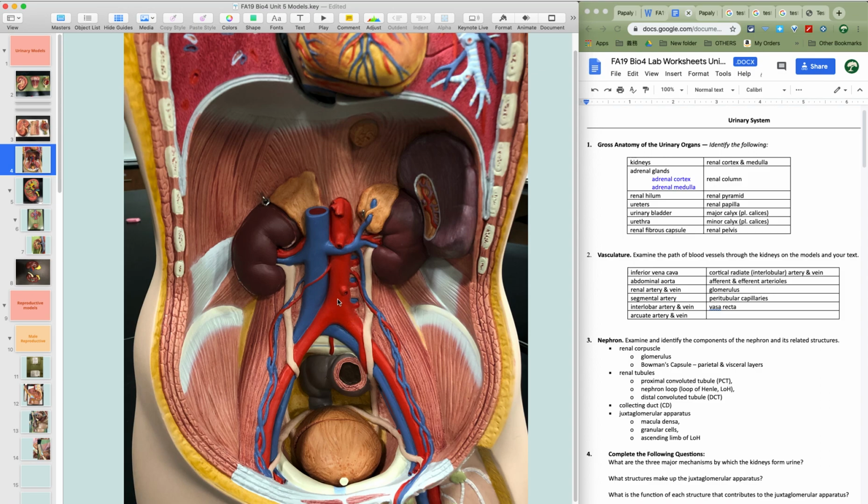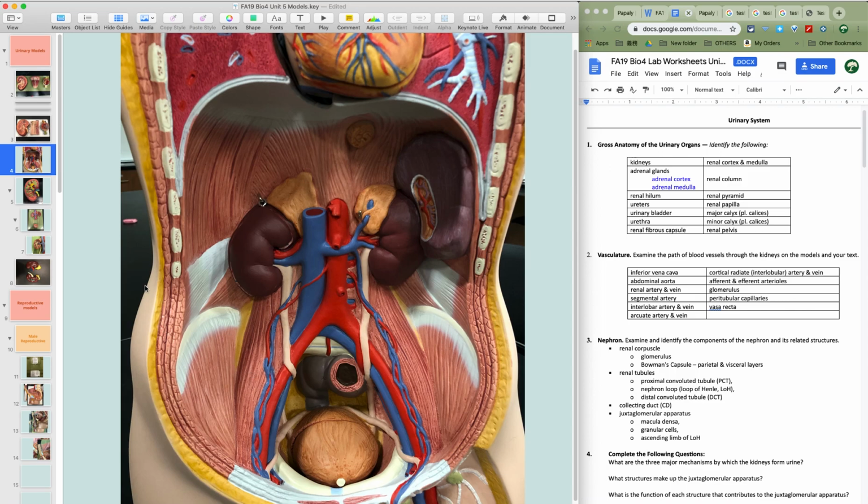And then at the bottom of the abdominal aorta, it bifurcates into the right and left common iliac arteries. I'm not sure if I took a better picture of this one at a different angle, but actually you can see, this part here is a common iliac artery, right?